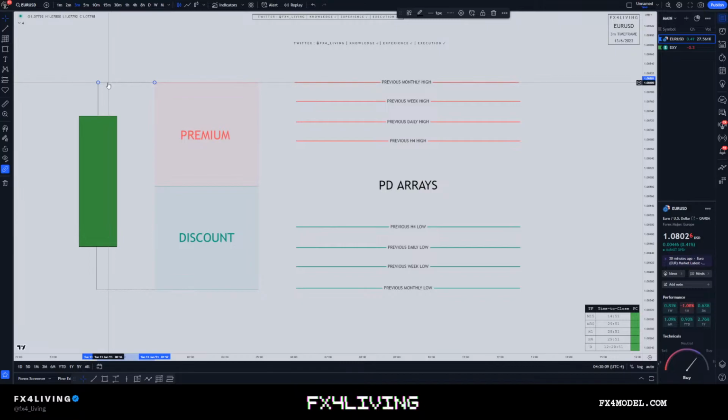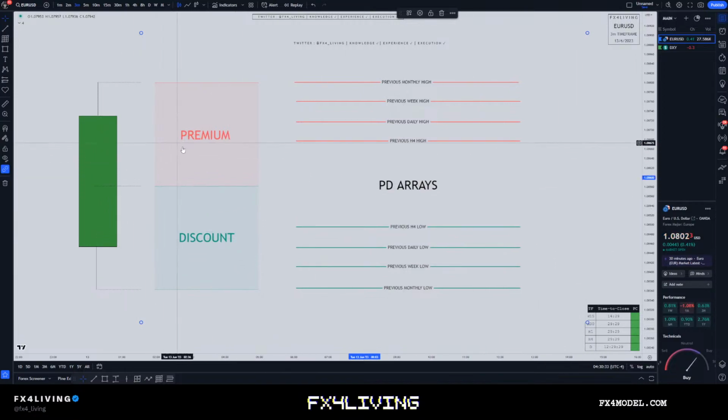That means price is too expensive to buy. And here the price is at a discount, so you know you can buy. There's an opportunity to buy in this zone. And this is where you find the 50% range of that level, right?